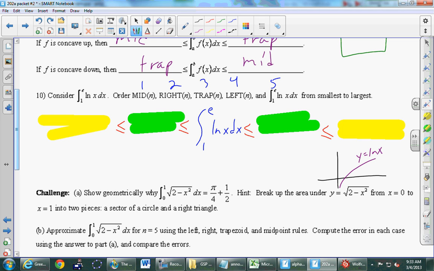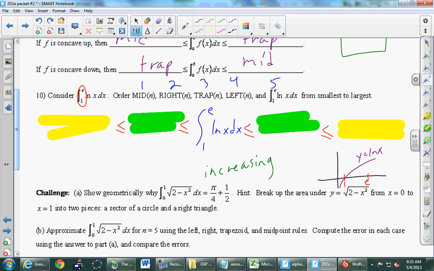Between 1 and e. That's all that we care about. So between 1 and e, 1 happens to be that number right there. E is out here someplace. It doesn't make any difference in this one because it's always increasing. Yeah, because ln of 1 is 0. Okay, so the function is increasing in that interval.